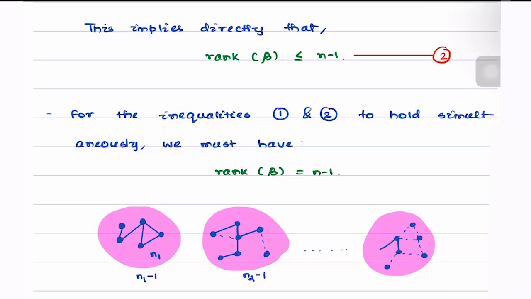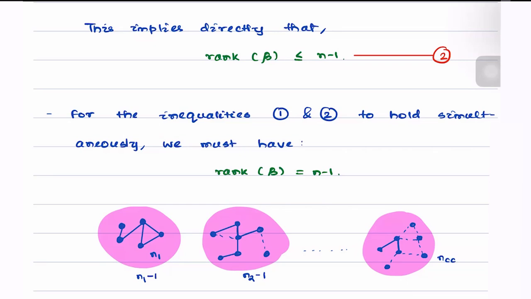Suppose this is what our graph looks like. Let us say we know that there are ncc number of connected components.